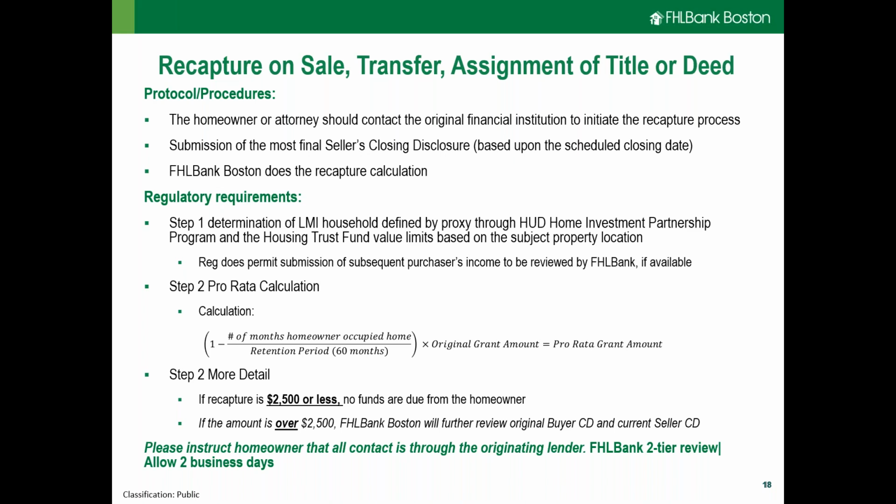The main part that has always been a part of our calculation is the pro rata. And like I said, I don't recommend anyone trying to do any of this due diligence on their own because it really is a very complex calculation. It's very regulated, which is why we don't allow our members to do them, because they are highly audited. And the premise is never to really want to recapture the monies. It's to try to diminish anything that's due to us.